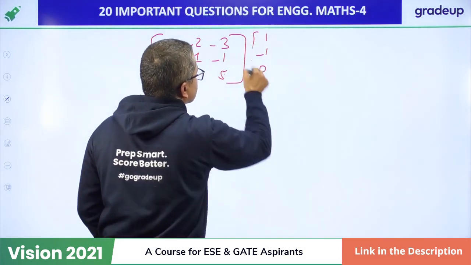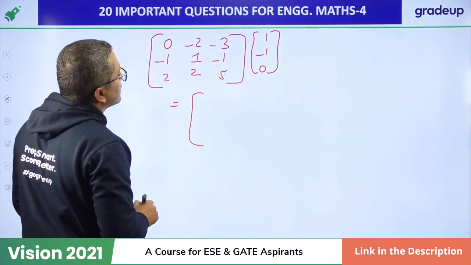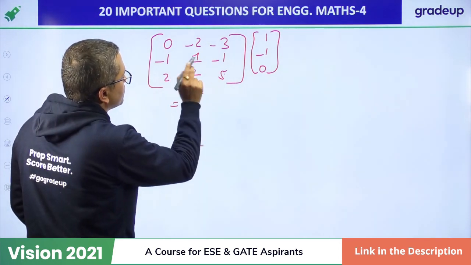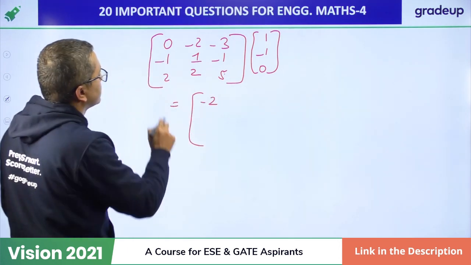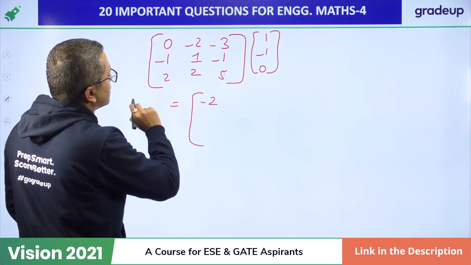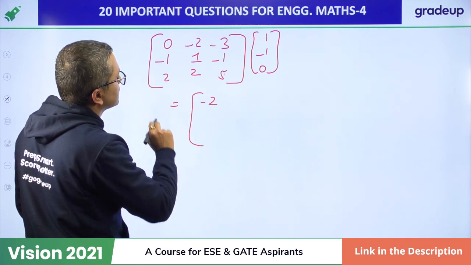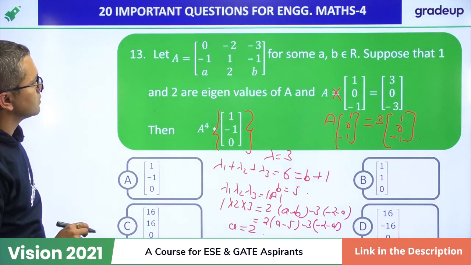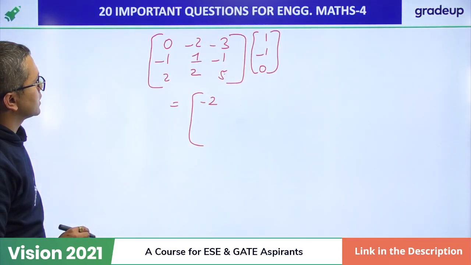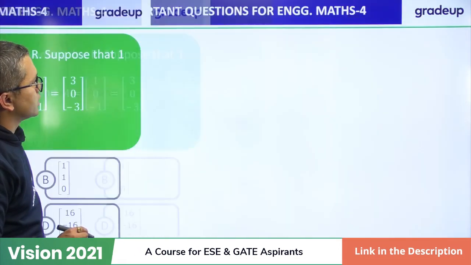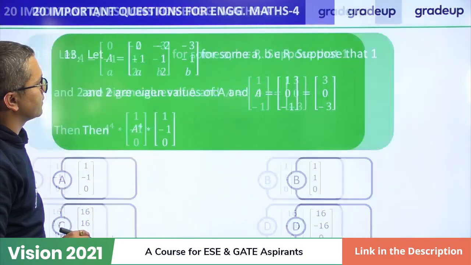All right, so 1, minus 1, 0. If I multiply this, what am I going to get? Right, I think there's something wrong in here. 1, minus 1, 0 and 0, minus 1, A, minus 2, 1, 2, minus 3, minus 1, B. B is nothing but 5, right?